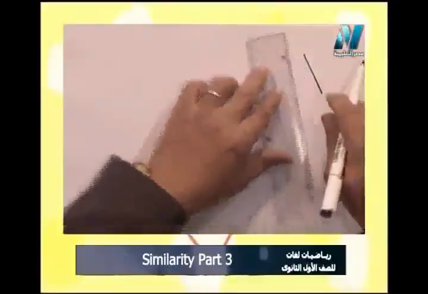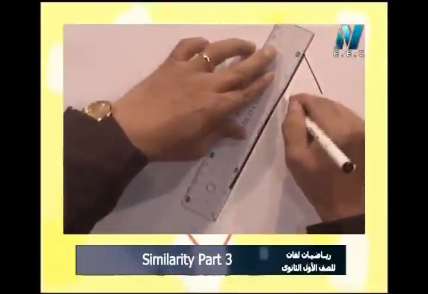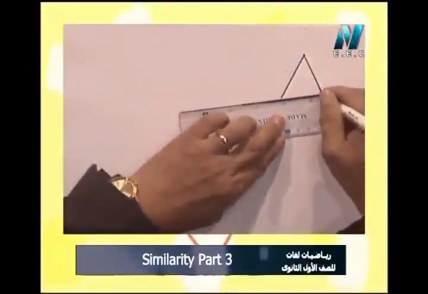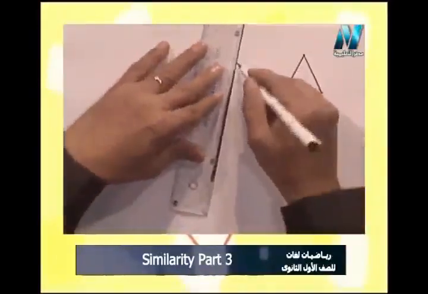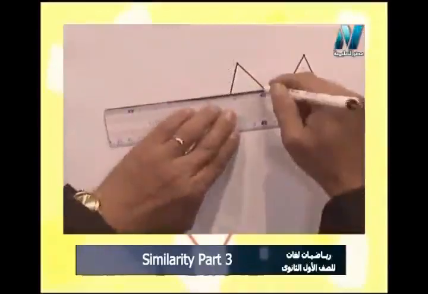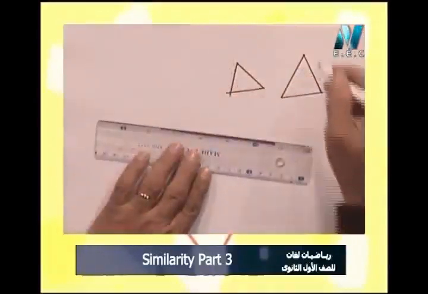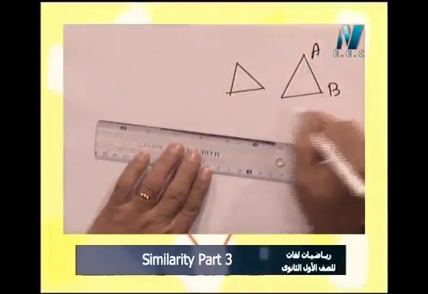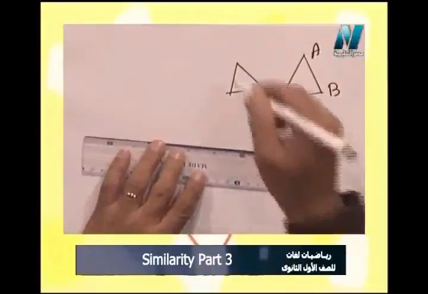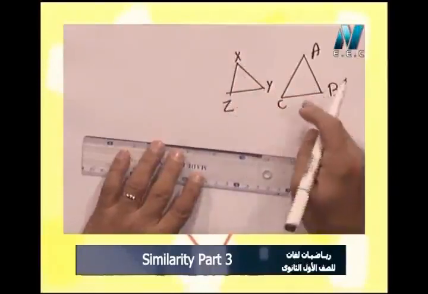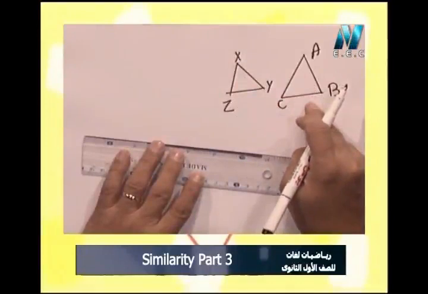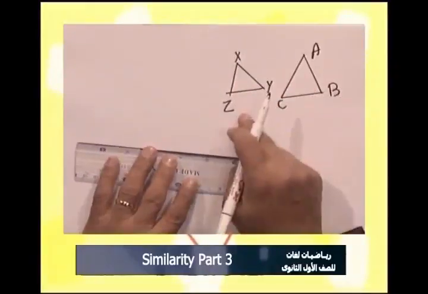We have here a triangle like that, and another triangle like that. This triangle is called A, B, C, and this one is called X, Y, Z. The first triangle is supposed to be similar to the second triangle.